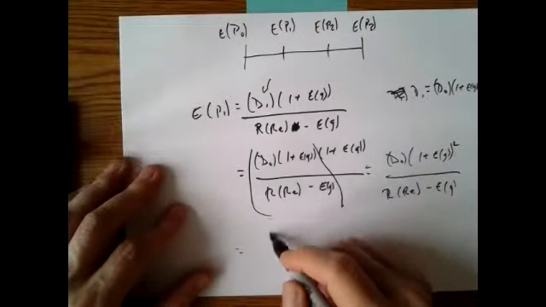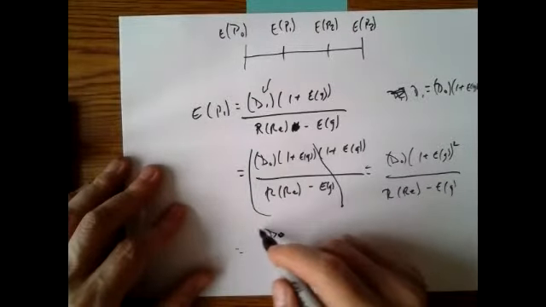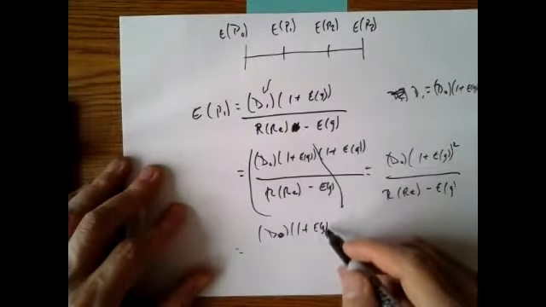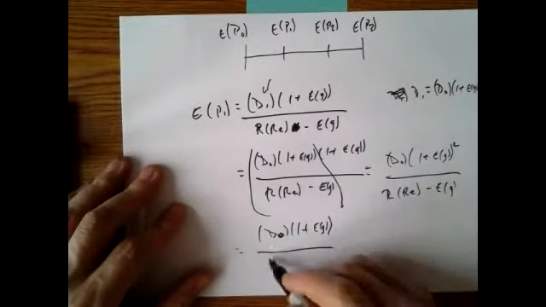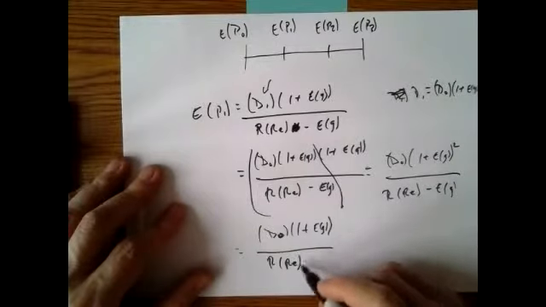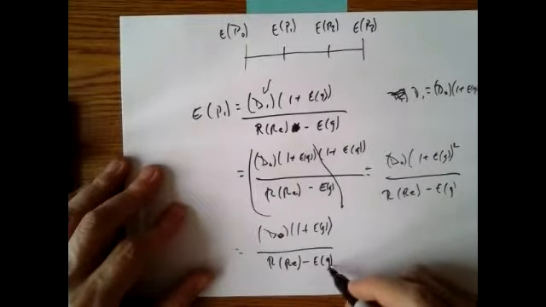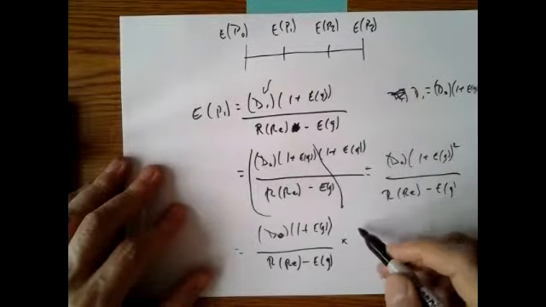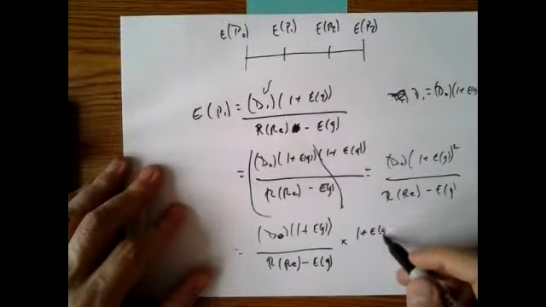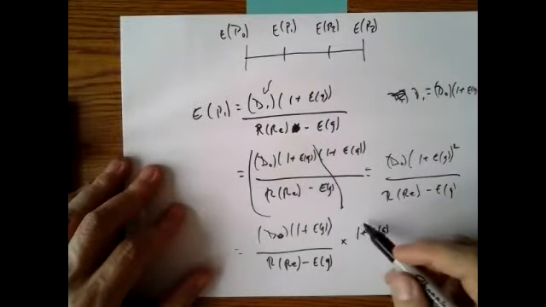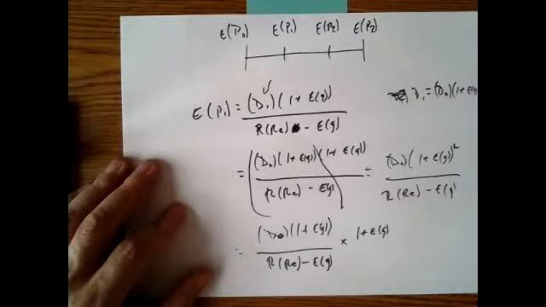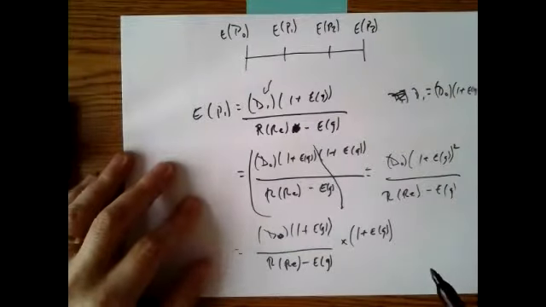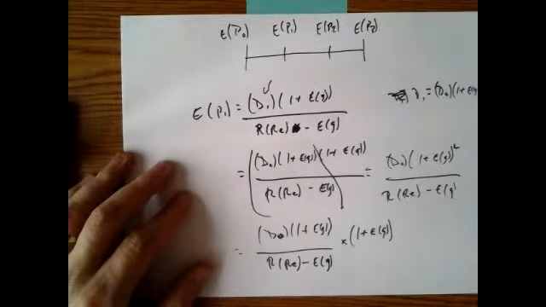I can neaten that up: D0 times 1 plus EG over RE minus EG, that's P0, times 1 plus EG, and that is EP1. That's just basic algebra.